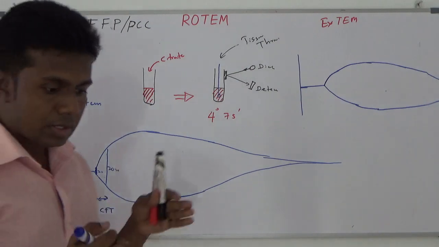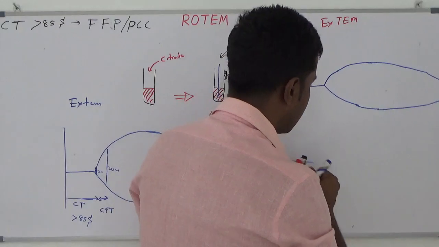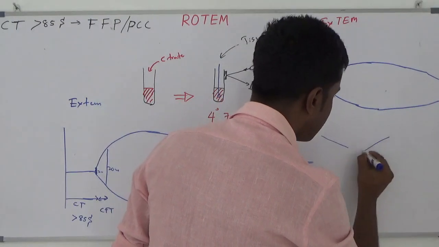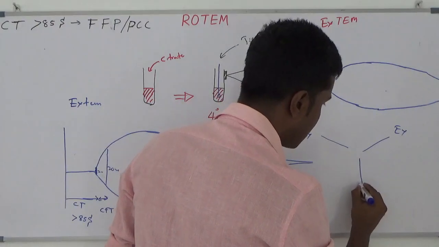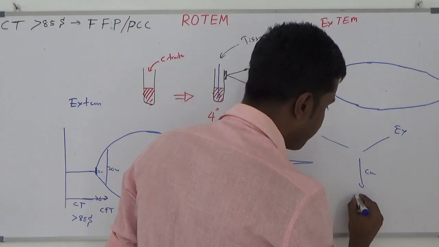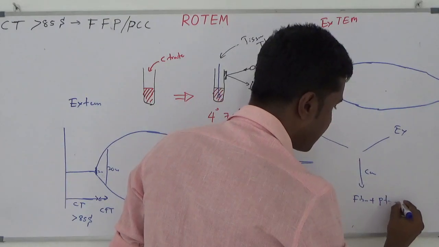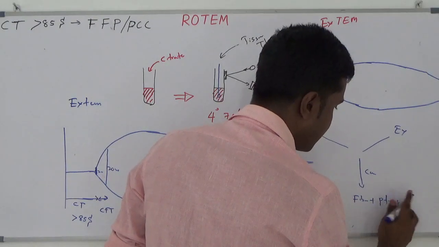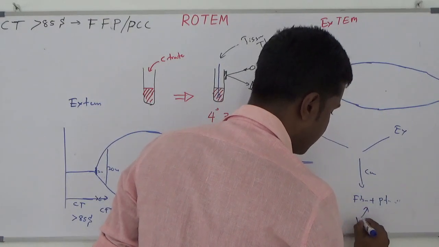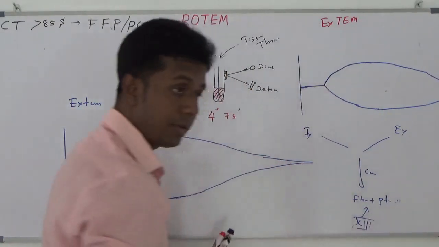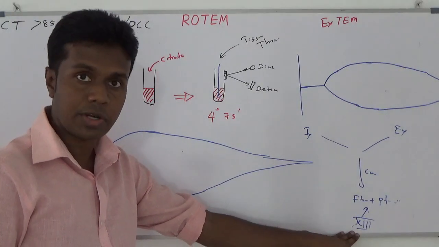If you remember the extrinsic and intrinsic pathway, here you have the extrinsic pathway, here you have the intrinsic pathway, here you have the common pathway, here you have fibrin monomer, platelet plus cross-link formation with factor 13. Cross-link formation with fibrin stabilizing factor, also called factor 13.